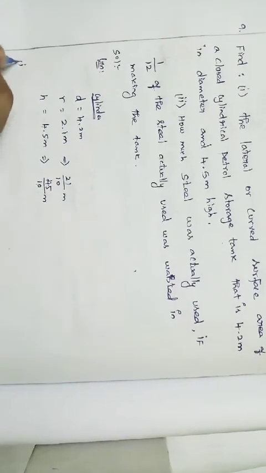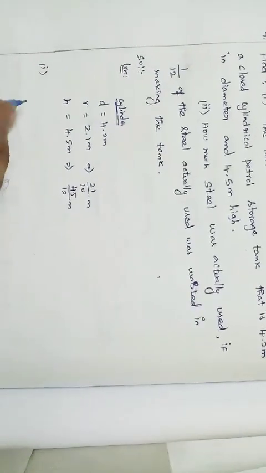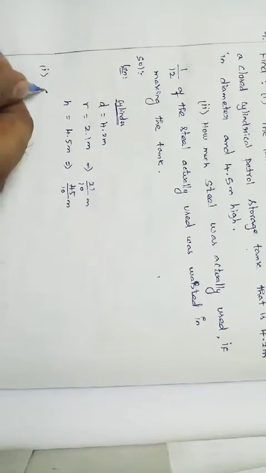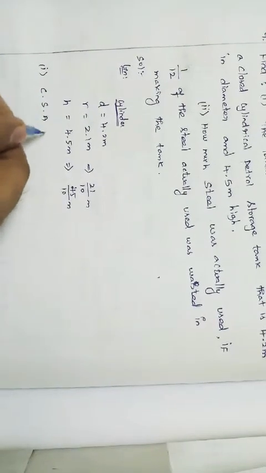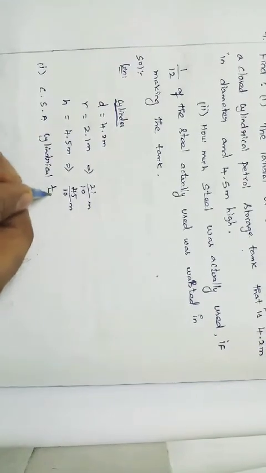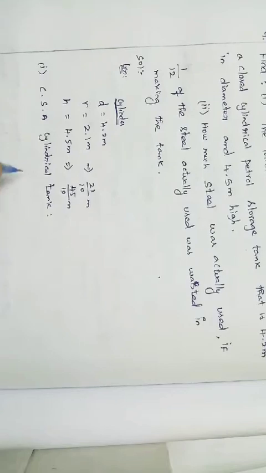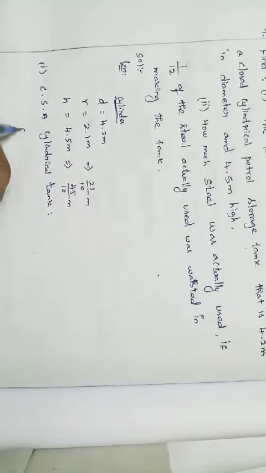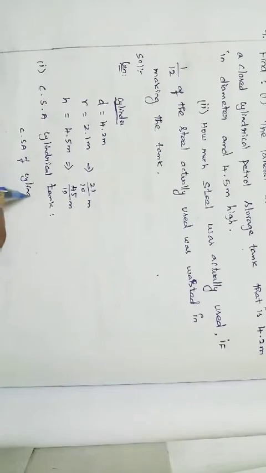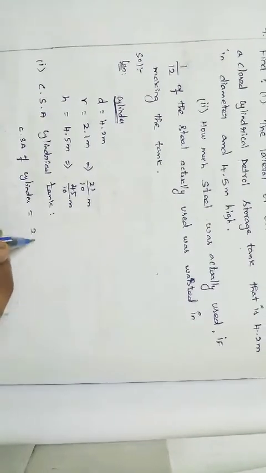So in the first subdivision, we want to find the curved surface area of the cylindrical petrol storage tank. What is the formula for the CSA of a cylinder? CSA of a cylinder is equal to 2 pi r h, right?